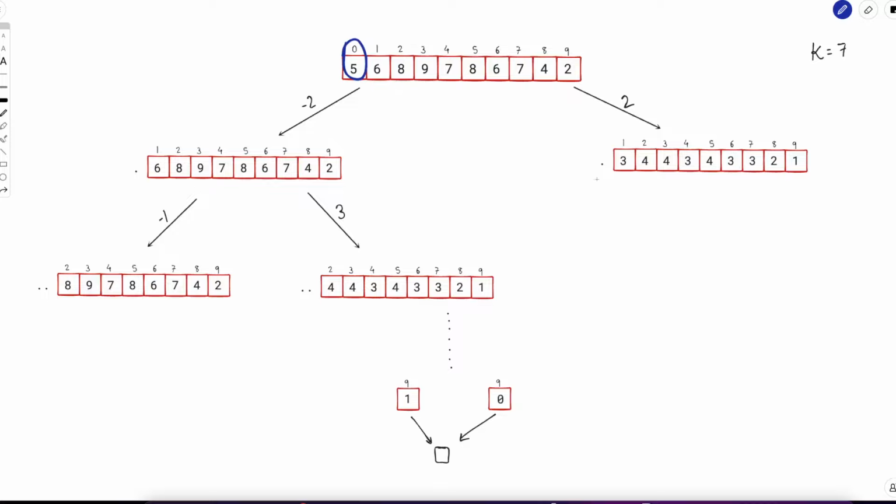So this 6 becomes 3, this 8 becomes 4, this 9 becomes 4 again because of floor, this 7 becomes 3, 8 becomes 4, and so on and so forth. So now you have to find out what is the maximum number of points you can collect given these coins at each index.